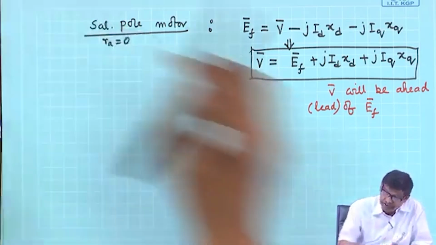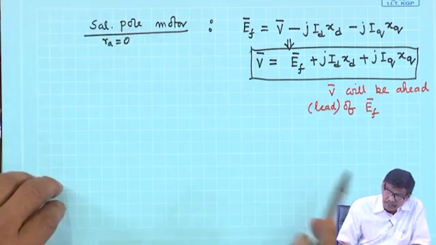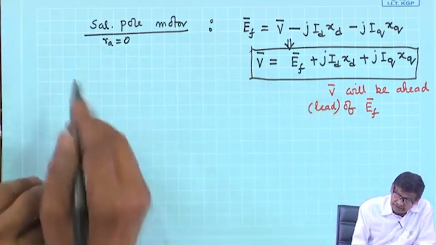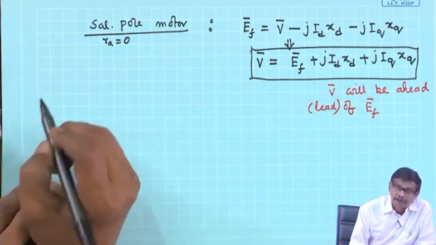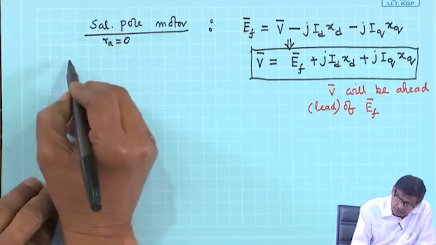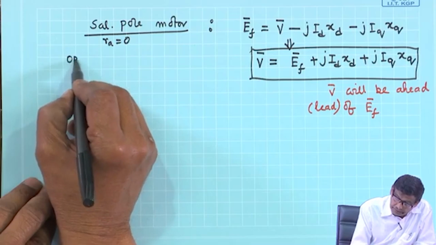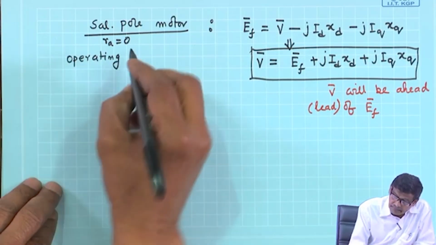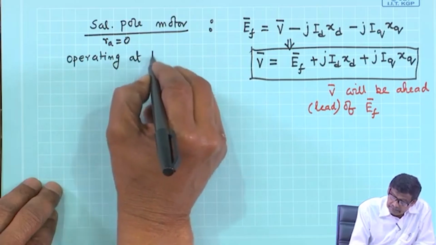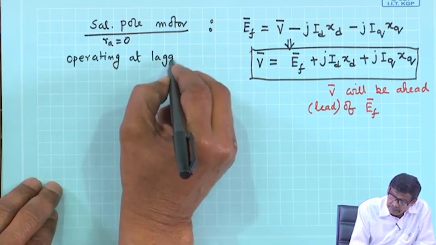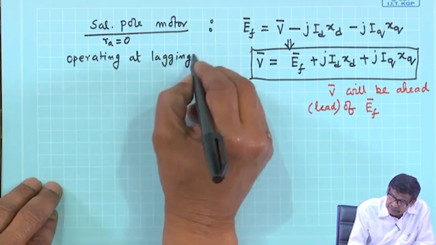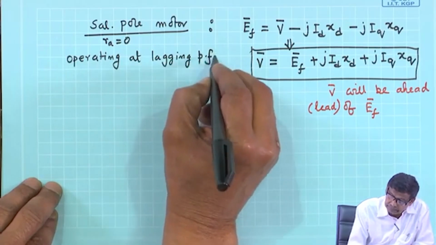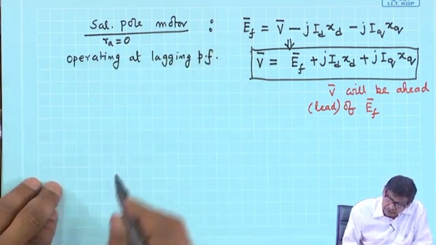Therefore, to draw the phasor diagram now, under what condition? Suppose a salient pole motor operating at lagging power factor. How will it look?